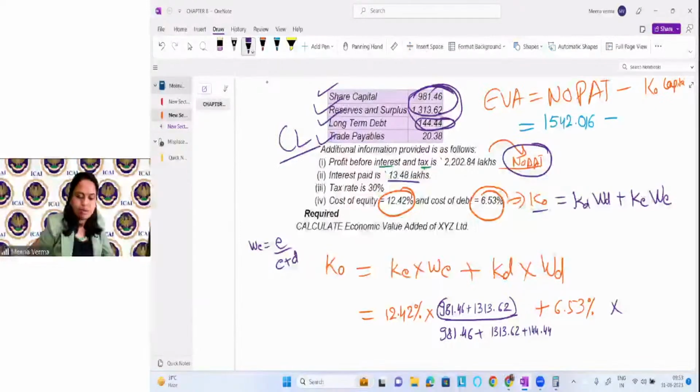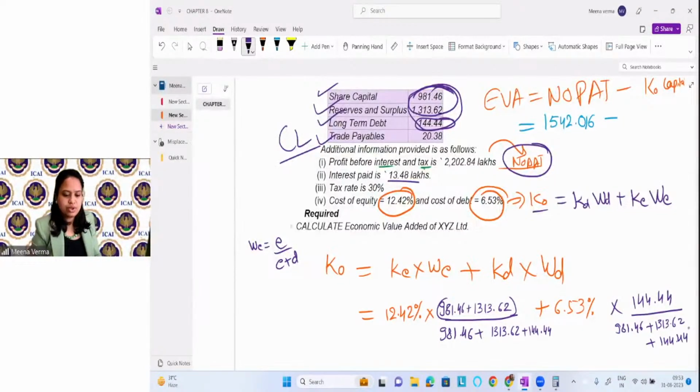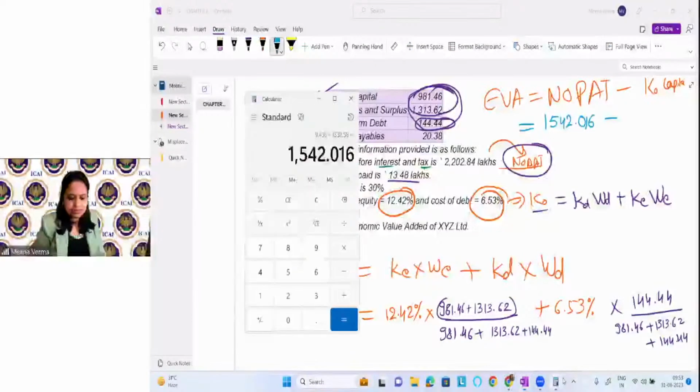Here, for debt, you will just consider the debt, 144.44, divided by the sum. The sum is all of it: 981.46 plus 1313.62 plus 144.44. It will include everything. Now let's solve this.